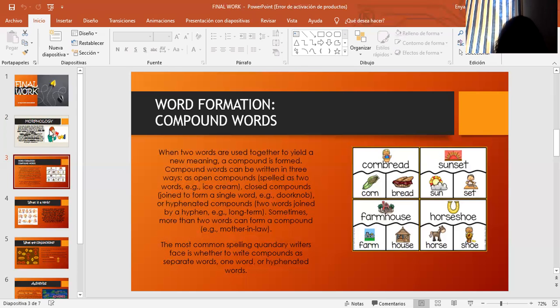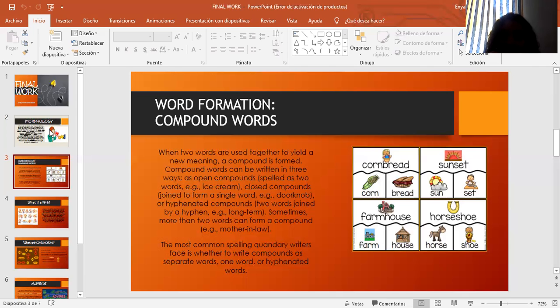Newly formed. Well, I'm going to talk now about closed compound words. These look like one word. At one point, these words weren't used together, but they are now accepted as real words in the English language. Closed compound words are usually made up of only two words.